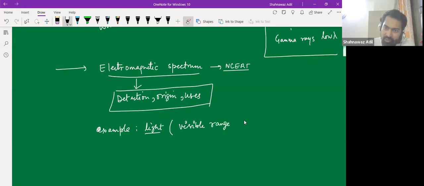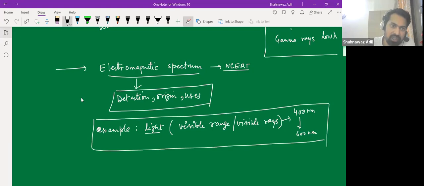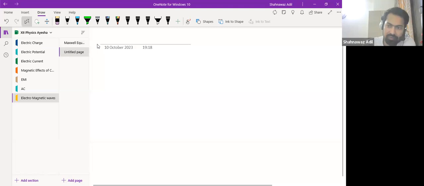These are called visible rays, and they are from 400 nanometers to 700 or 600 nanometers. All these ranges we have to see from here. So let me bring that book.